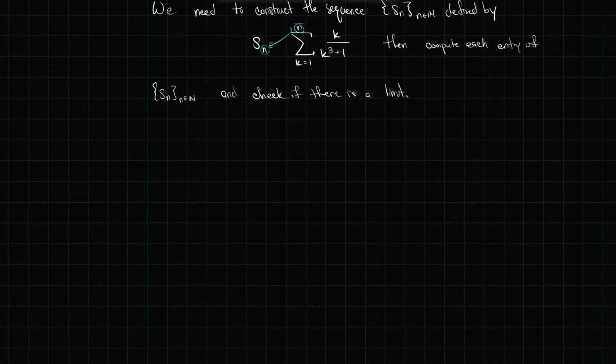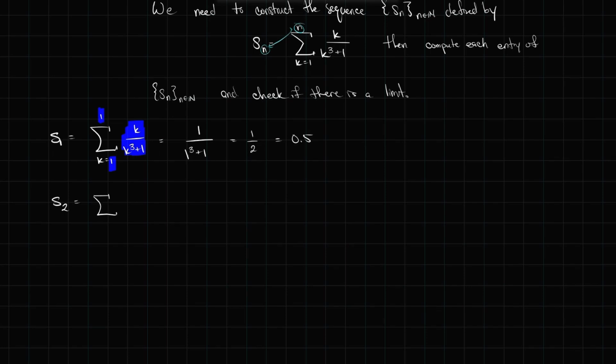So what would that mean? Let's look at the S1 case. Well, S1 is this sum, k equals 1 to 1, k over k cubed plus 1. So I'm going to do every entry in here starting at 1 and ending at 1. Well, that's not too bad. That's exactly this entry, also known as 1/2, or 0.5, because pretty soon it's going to be to my advantage to use decimals.